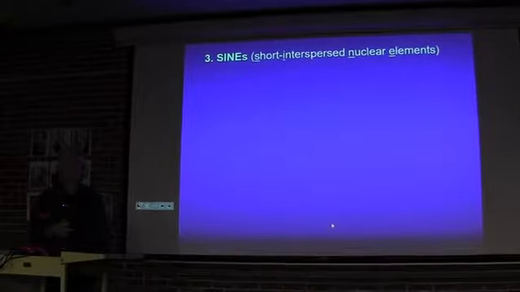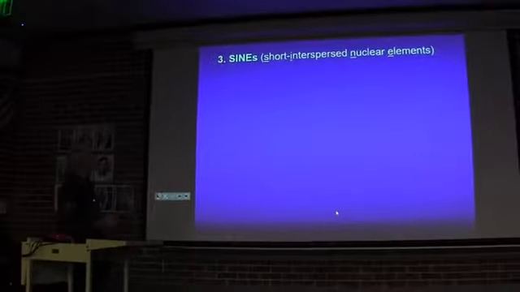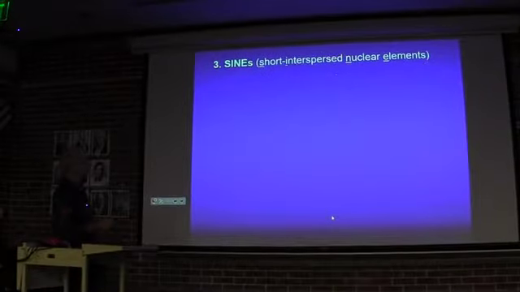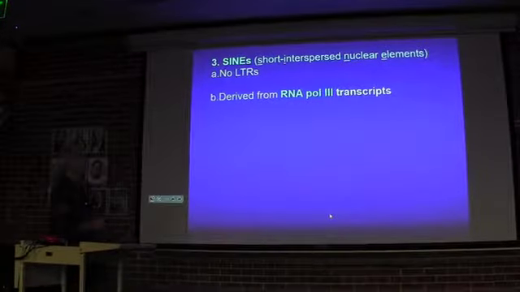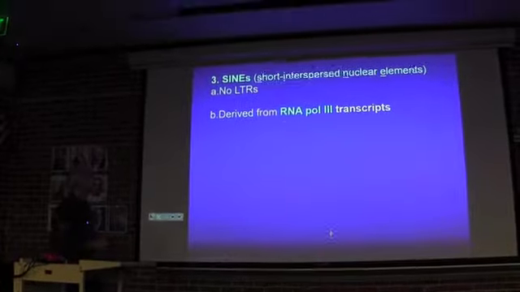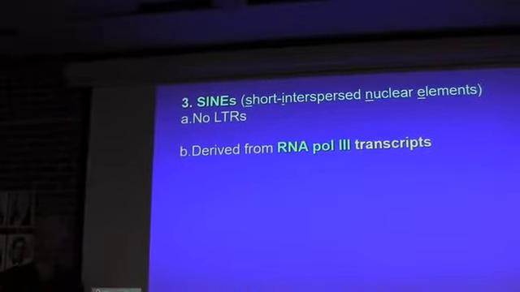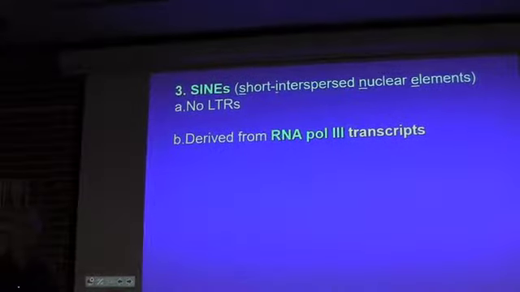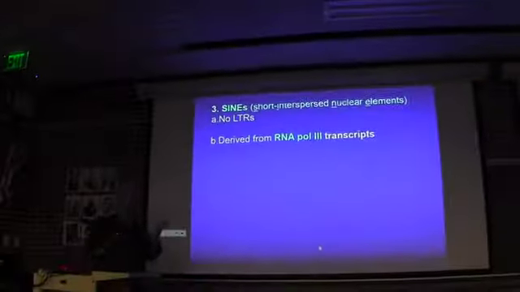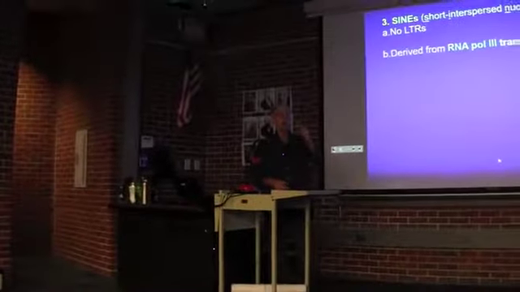And then, of course, SINEs. And this will make more sense later. Short interspersed nuclear elements. These, again, have no LTRs. They are derived from Pol III transcripts. So we got Pol II and III. The only one missing is Pol I. Everybody remember what RNA polymerase I does in a eukaryote? Makes the ribosomal structural RNAs.